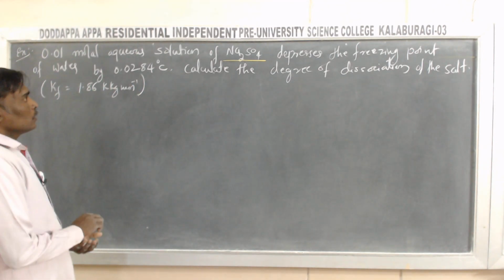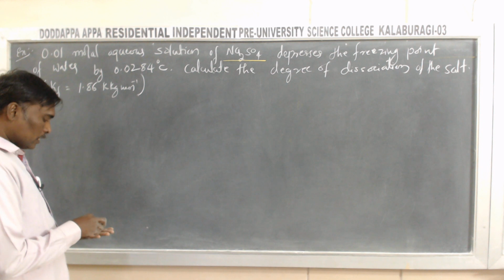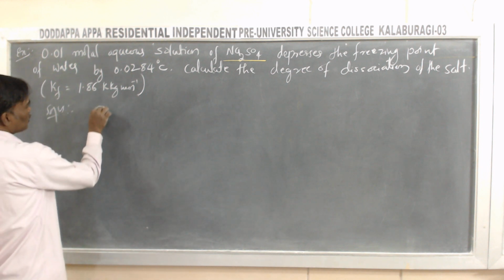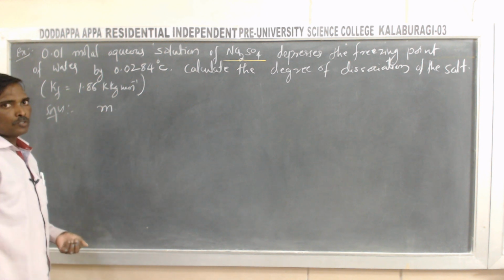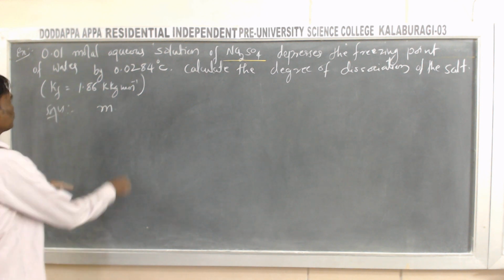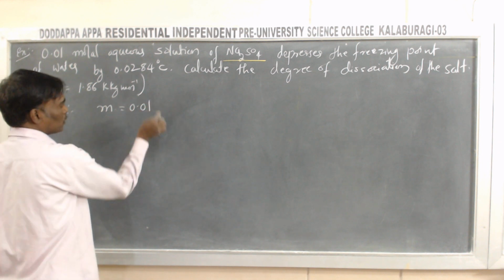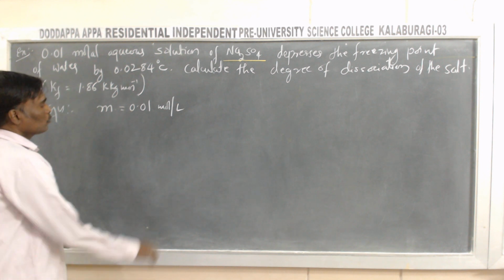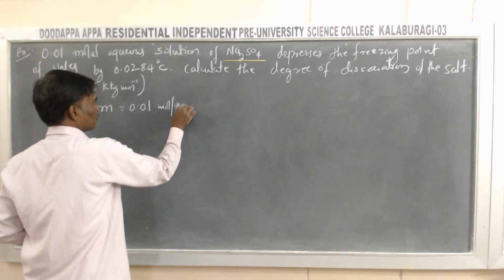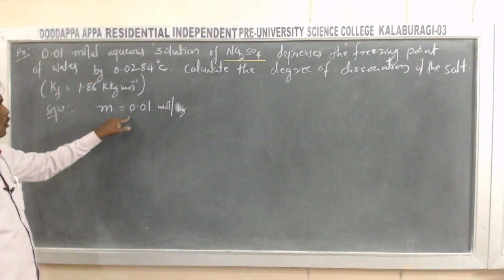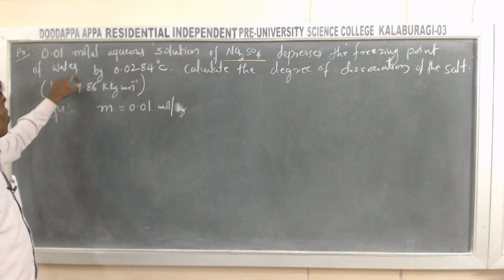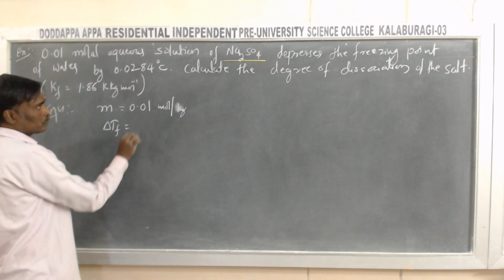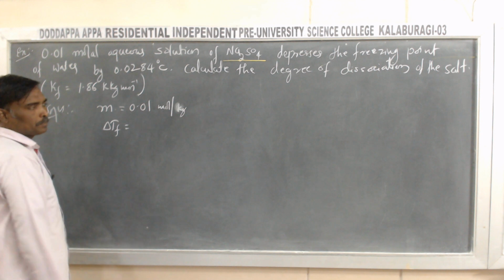So for that, to calculate the degree of dissociation, first let me read the given data. The concentration of the aqueous solution is expressed in molal. So small m is equal to 0.01, that is mole per kg of water. The depression in freezing point is given, delta TF, the depression of freezing point.